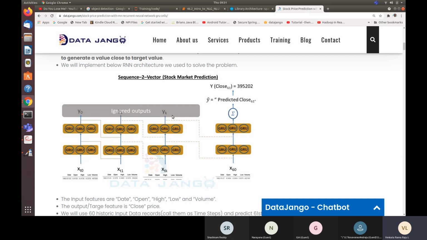I am ignoring all these outputs and only considering the last output. In the cost function, I will consider only this y cap and pass y and then calculate the squared error. That means while calculating backpropagation, these ignored values are not considered. That's simple, right?